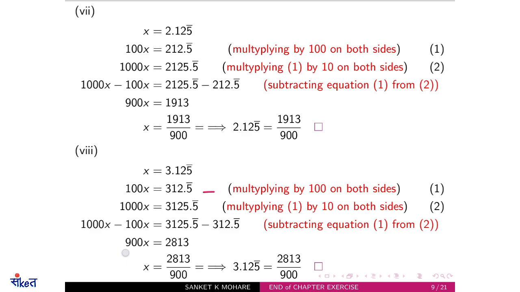Now subtracting equation 1 from 2, we'll get 900x is equal to 2813. So therefore x equal to 2813 upon 900, which is the required P by Q form for the given decimal number.